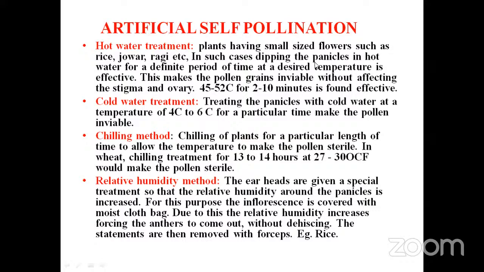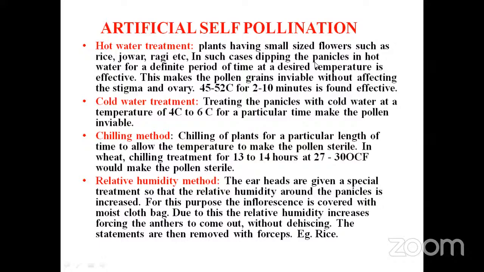The seeds from female parents are harvested and raised in the nursery. So in this method, both types of parent inflorescence are tied in a single bag. When they are closely arranged, there is a chance of pollination, and after pollination seeds are formed. This is another technique for cross pollination.